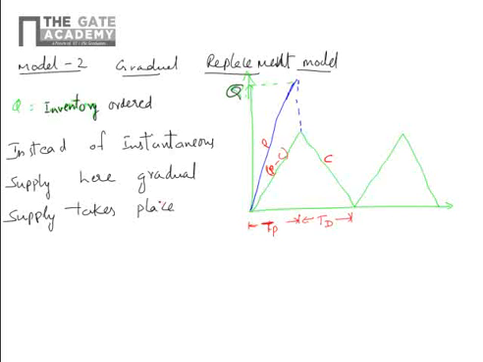So the inventory level never reaches the quantity which has been ordered, because it is not instantaneous.